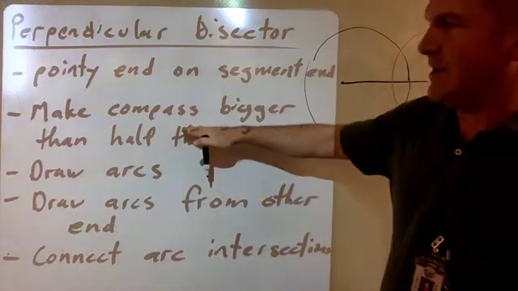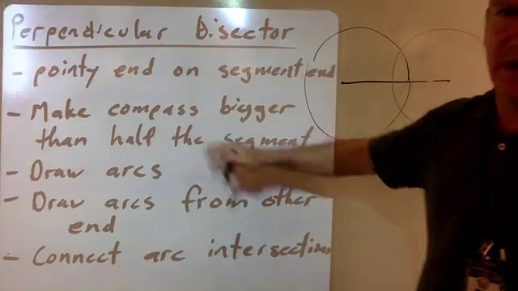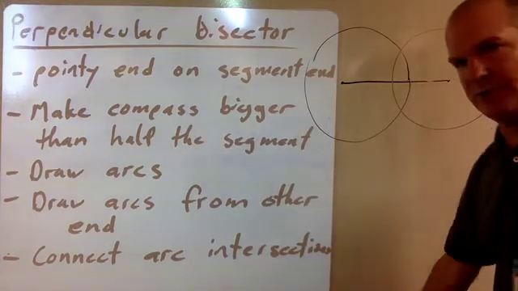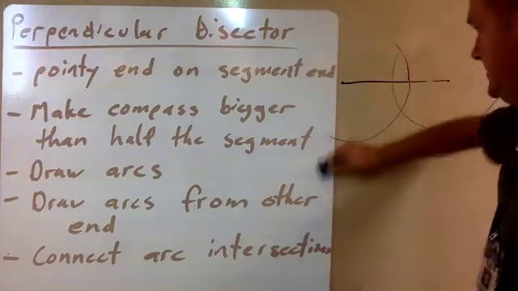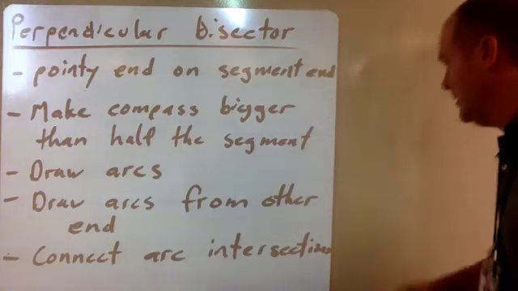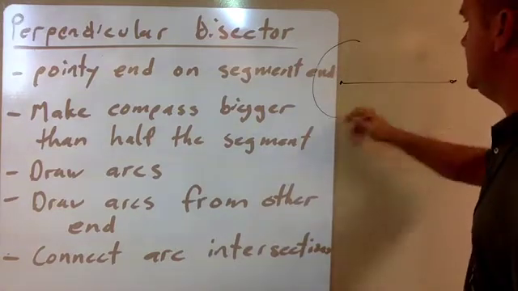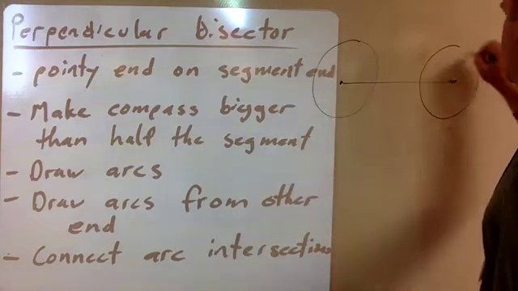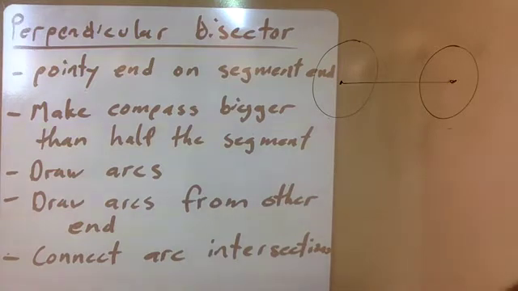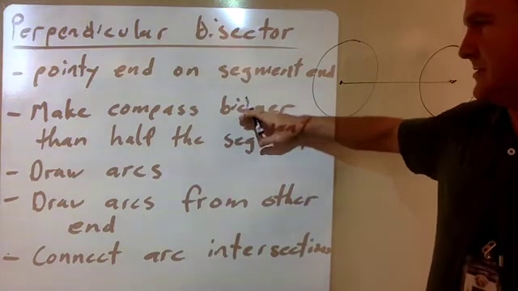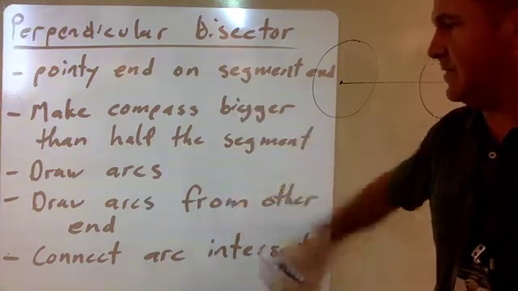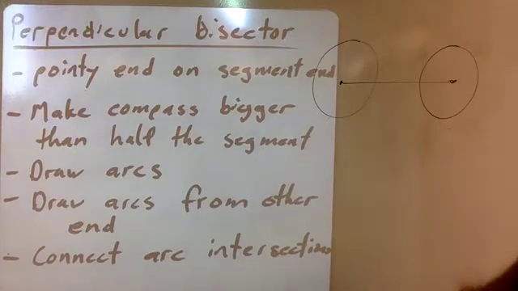If we did not make the compass slightly bigger than halfway in our second step, we'd have 2 circles that look like this. We would have 2 little teeny tiny circles. They might be the same size, but they do not intersect. And the whole point of step 2 is so that step 3 and step 4 make circles that intersect.